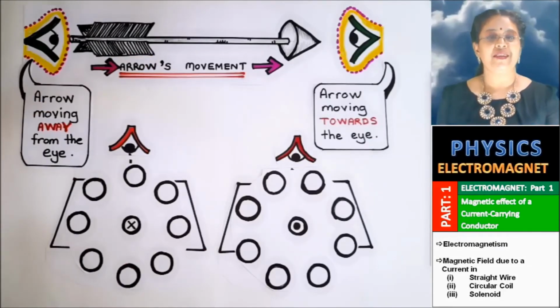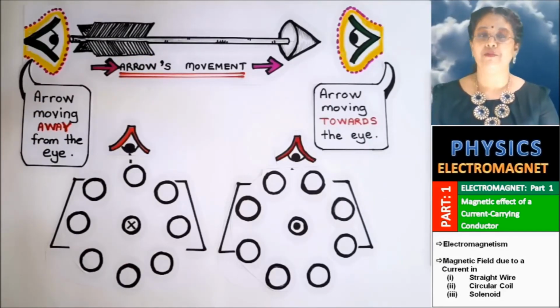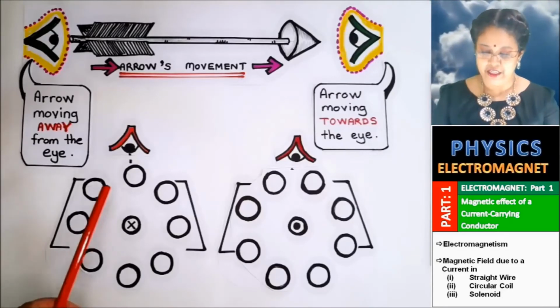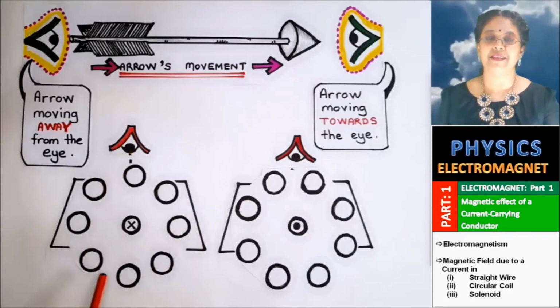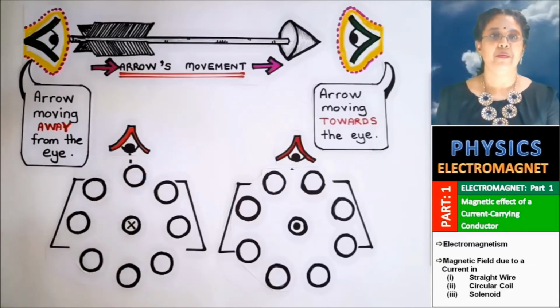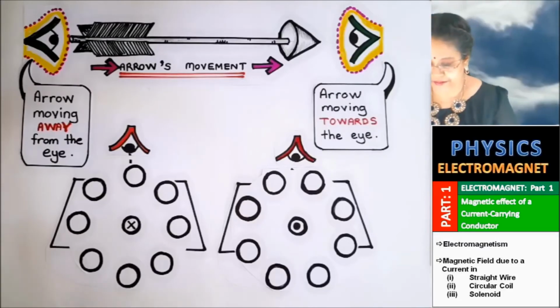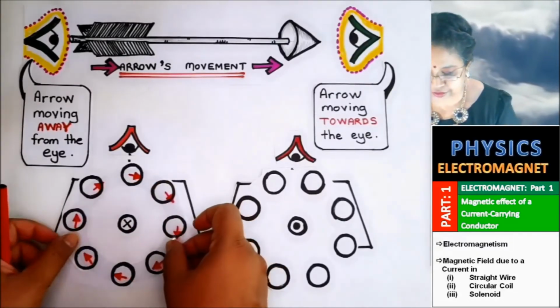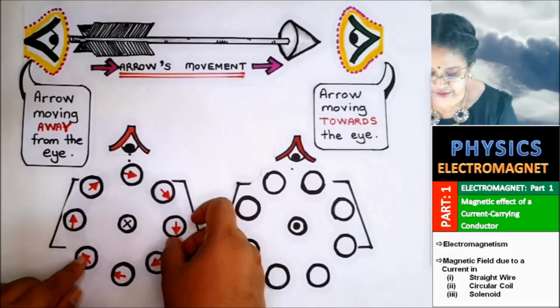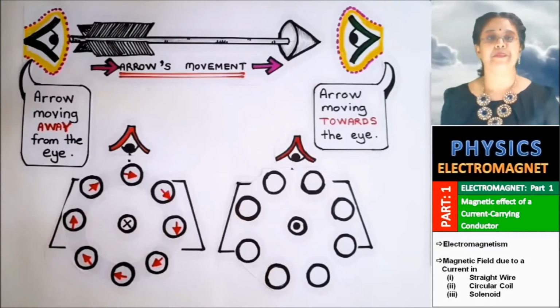Your other fingers now go around in the direction of the magnetic field, and this shows clockwise direction. Thus, we draw the direction of the compass as clockwise direction, as illustrated using these red lines.